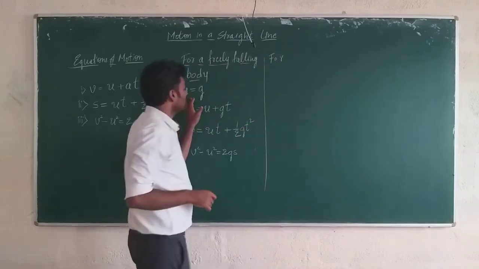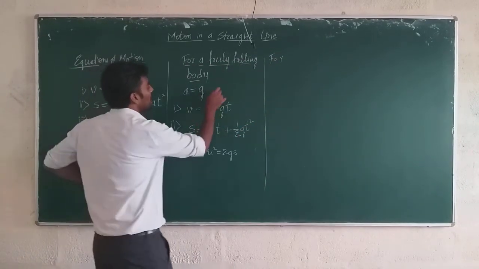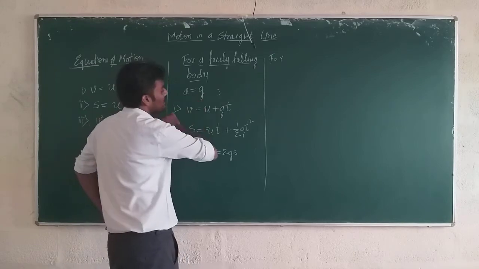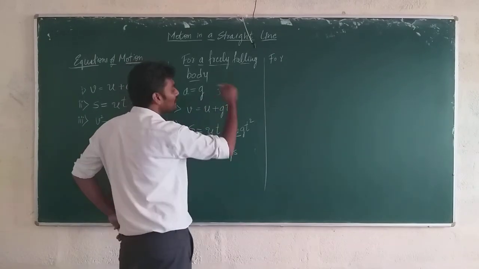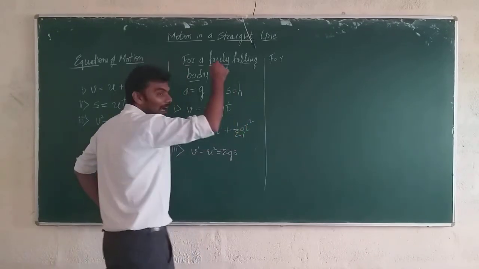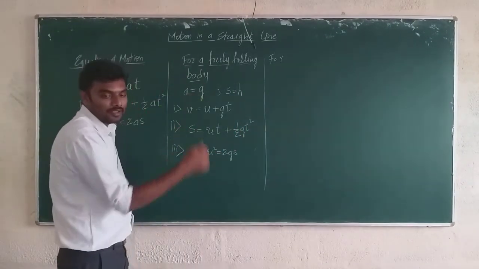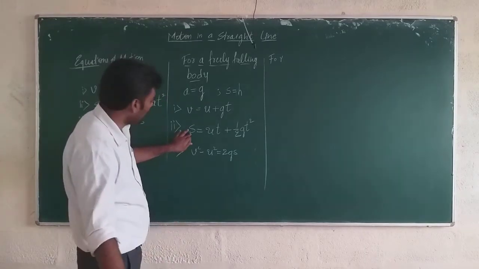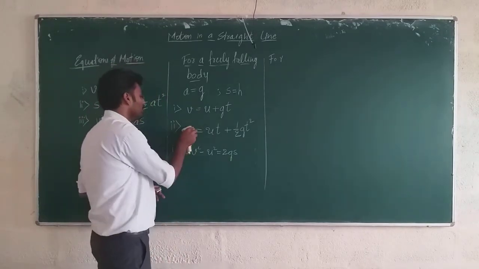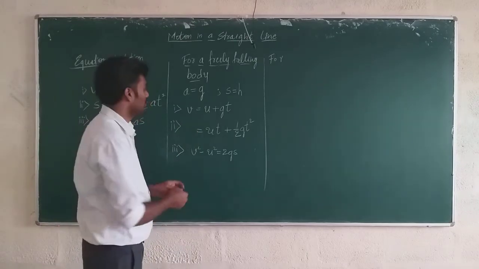One more consideration that we take here is, instead of a we will write g, and instead of s, the displacement, we consider h, the height of the body. So I should now replace s also by h.